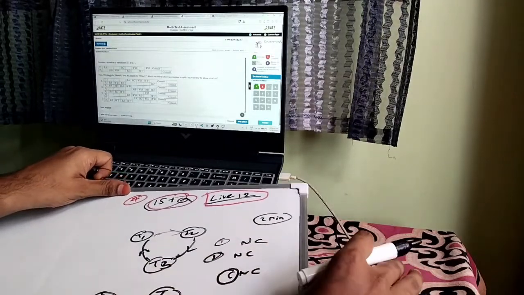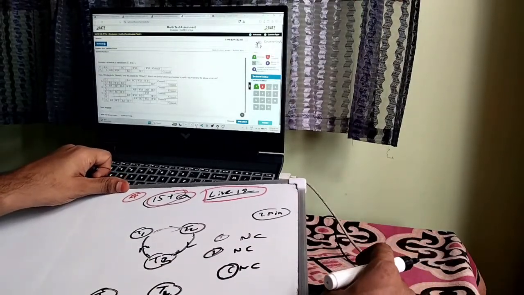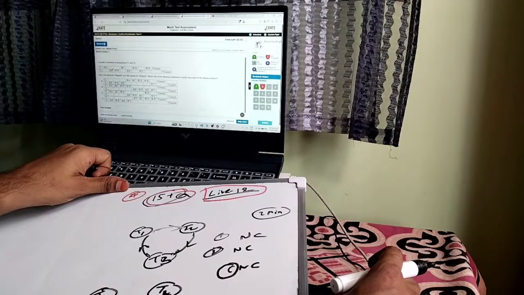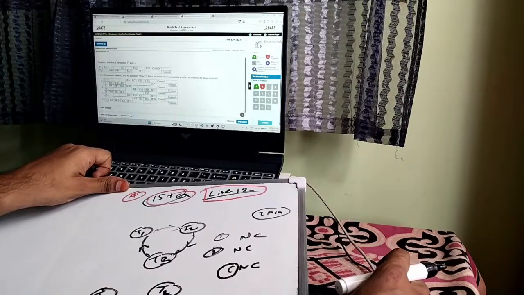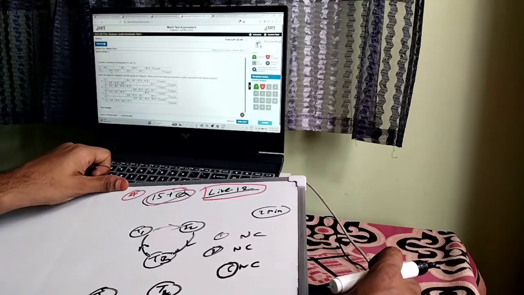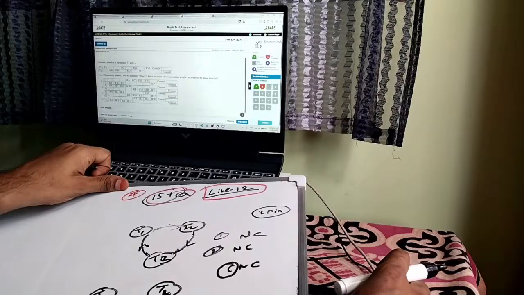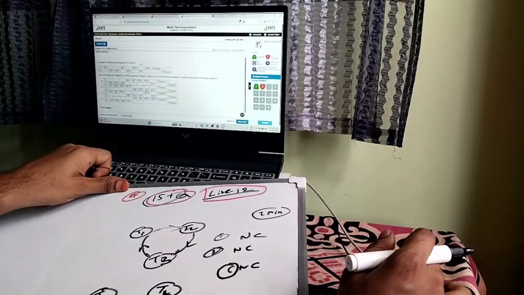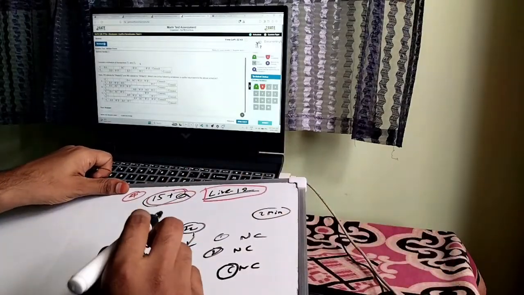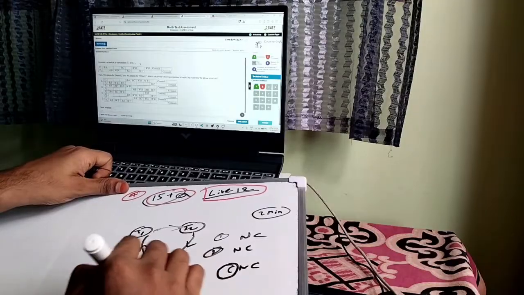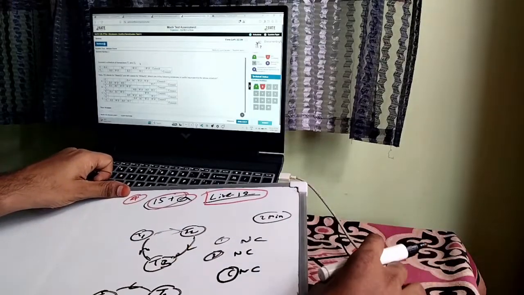So if it exists to come reading. Here no transition. Here it read B. Here you can see write B. Okay, read B. Read B. T2 to T1.